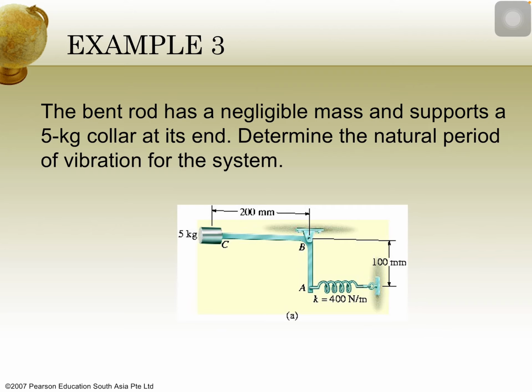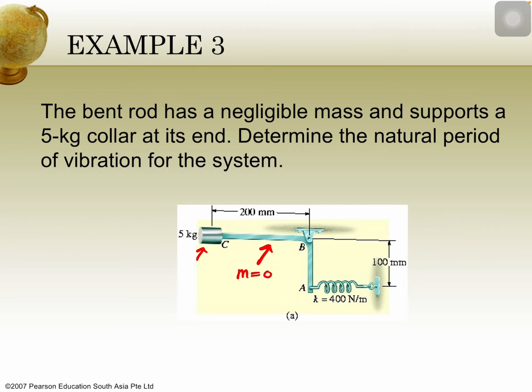Now we go straight to example 3. Okay, hopefully you are ready. Now I read the question. The bent rod has a negligible mass. So this one, the mass is 0, so we don't have to consider the mass. And it supports a 5 kilogram collar.